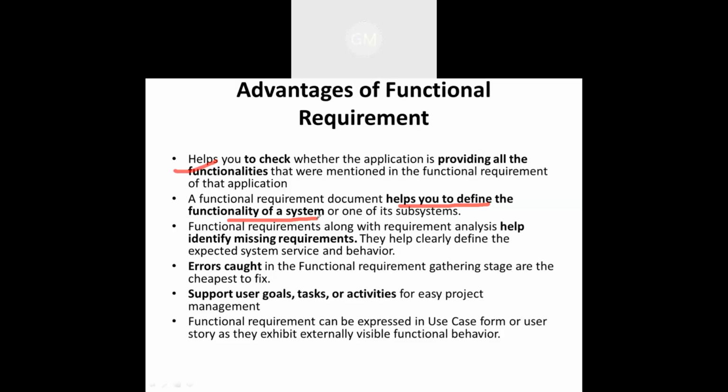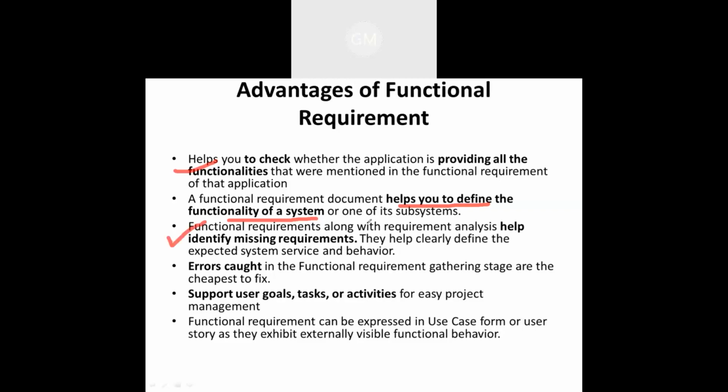Then the next advantage is that functional requirements are useful for analyzing missing requirements. It is useful for identifying the missing requirements of the system. It is useful for checking the system behavior. For that purpose it is used. So that will be the next advantage.